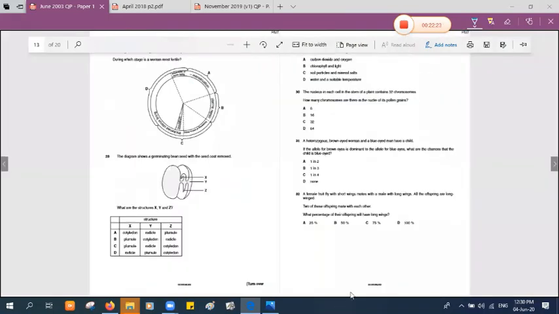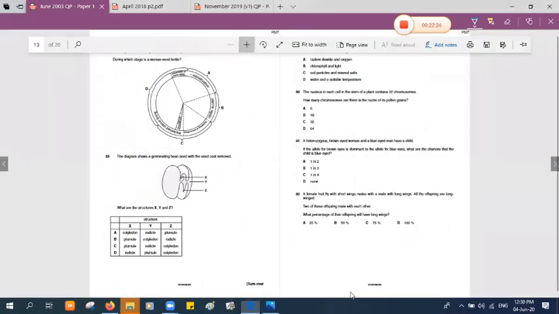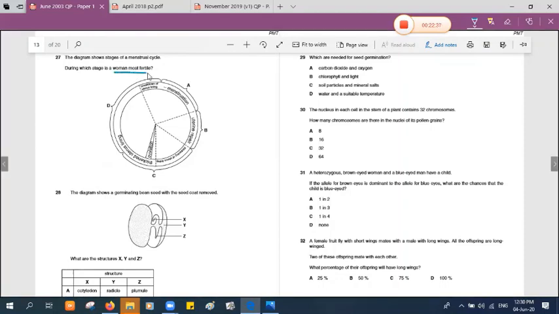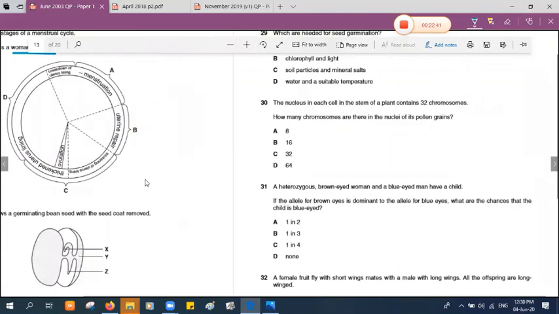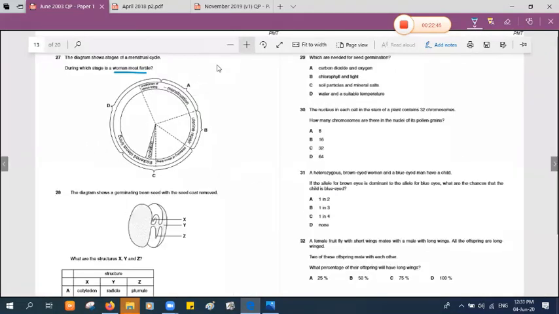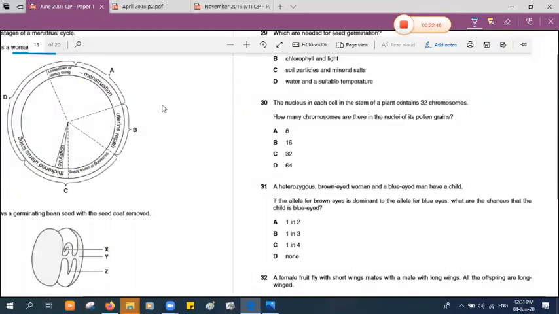Let's move to 27. Yeah, the diagram shows the stages of a menstrual cycle, during which stage is a woman most fertile. What do you think? Okay, let's zoom in. So 27 here.